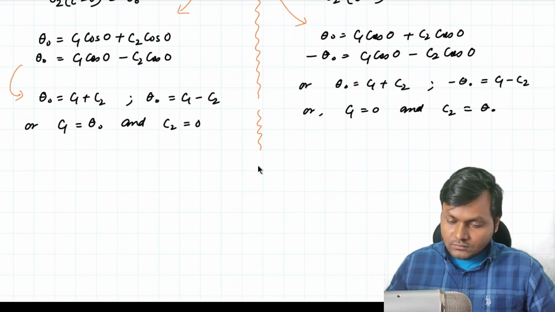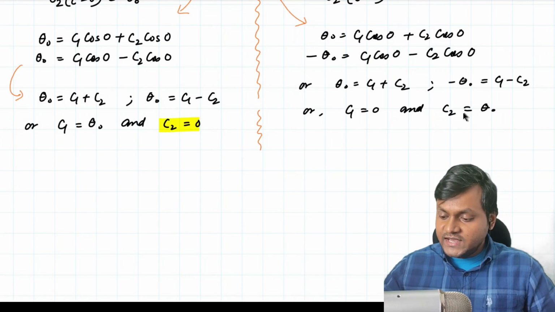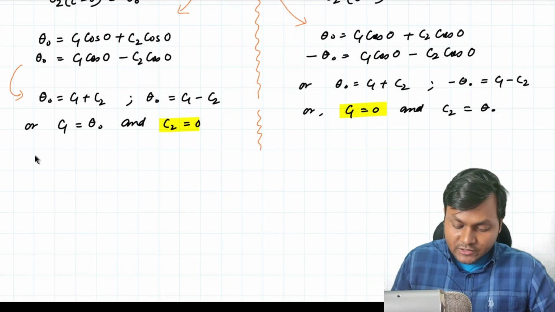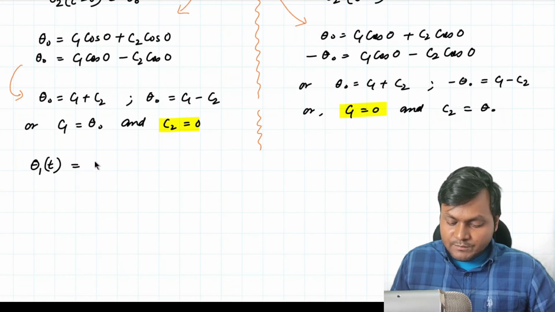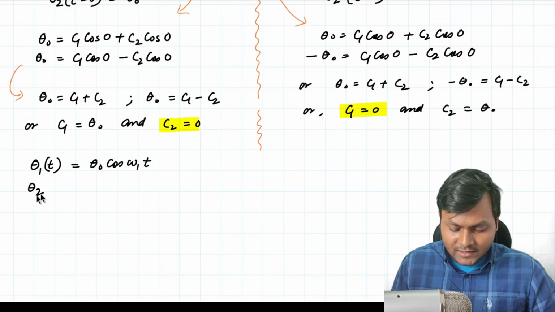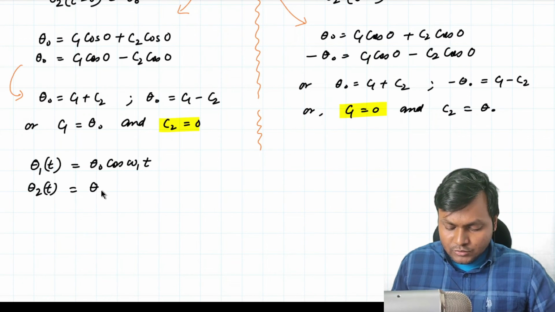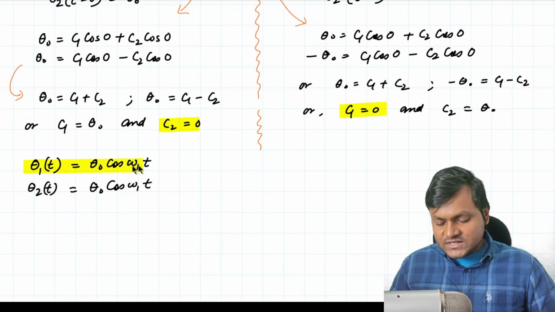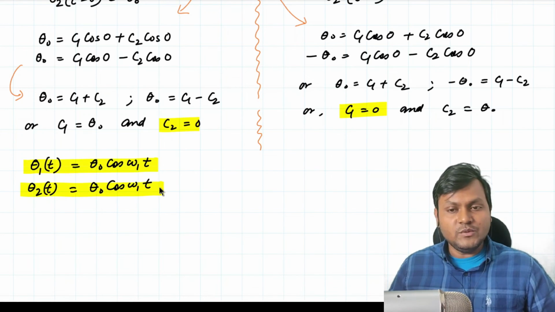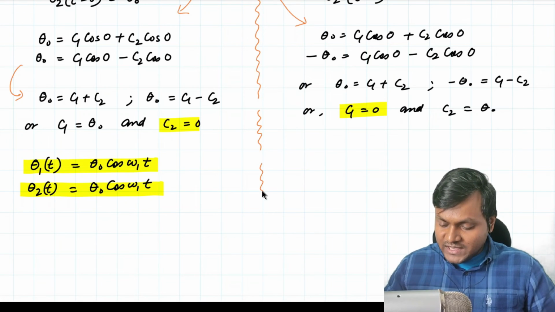Thus, if C2 is 0 in this case and C1 is 0 in this case, the solution becomes theta 1 is simply equal to theta naught cos omega 1t and theta 2 is simply equal to theta naught cos omega 1t. That means both the systems are executing SHM with a frequency of omega 1.